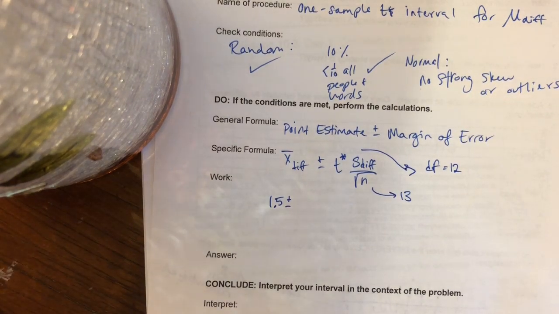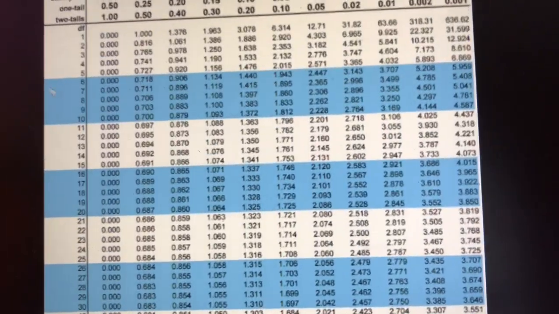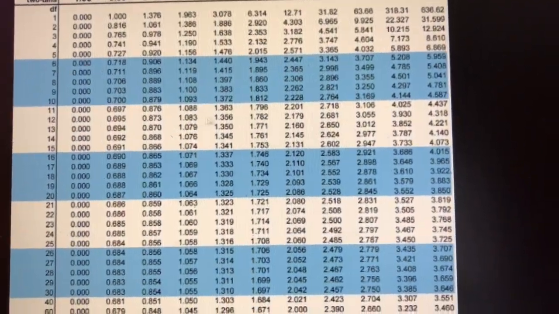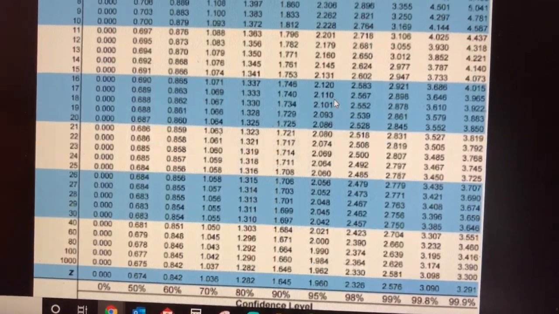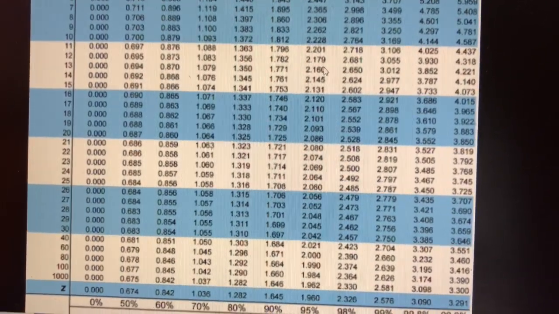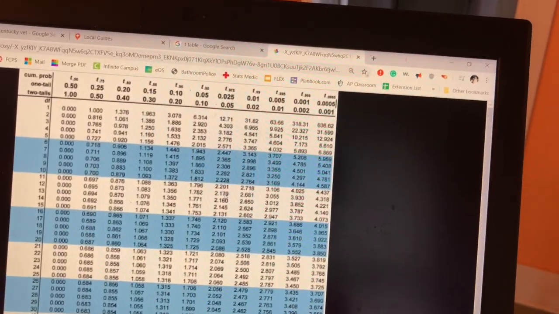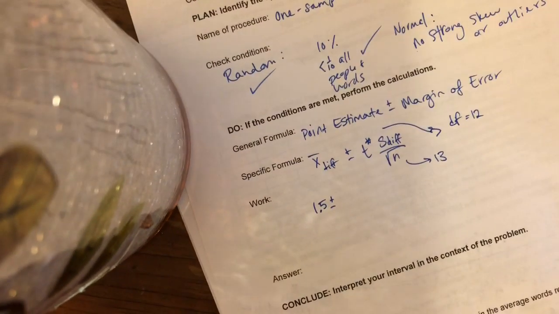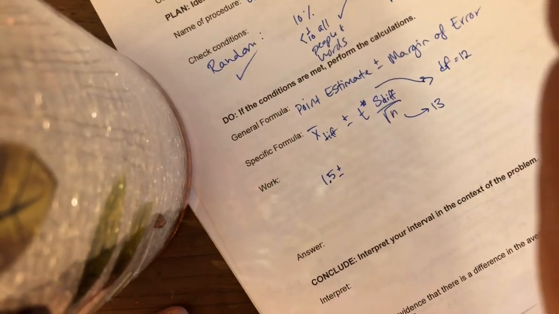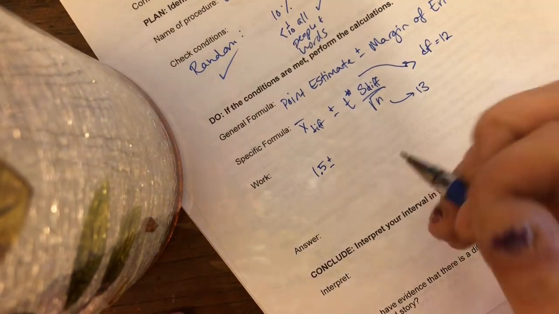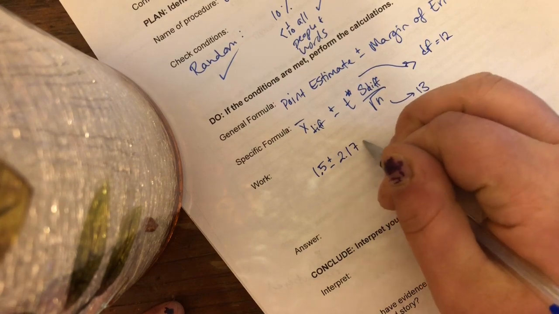Then I'm going to go to my table. So I've got 12 degrees of freedom, and I'm at 95% confidence. Okay, where am I? 2.179. So 1.5 plus or minus 2.179.